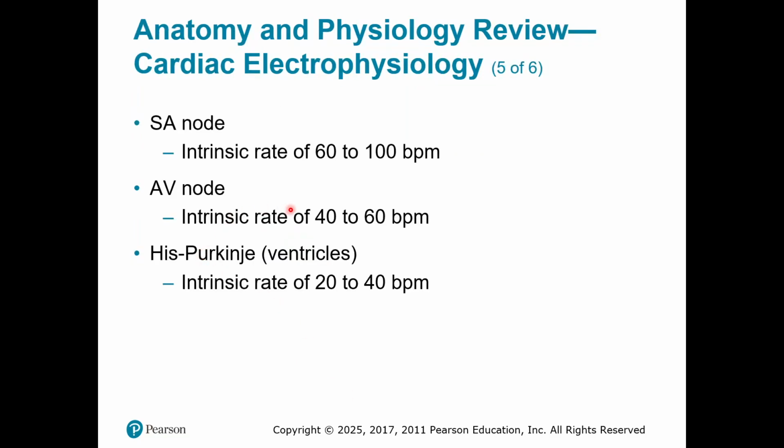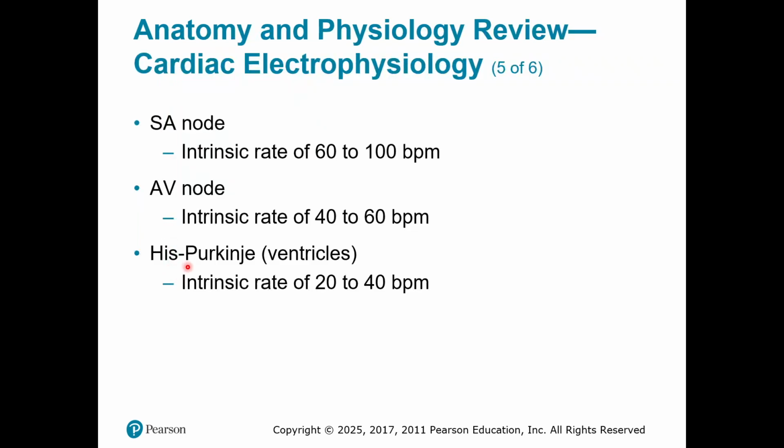And so the only problem with that is the rhythm's not going to be as smooth. It's going to be a regular to irregular type rhythm. And our pulse rate could change too, depending on what's going on with the heart. It could be anywhere from 40 to 60 beats per minute.